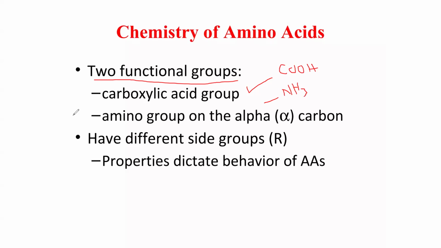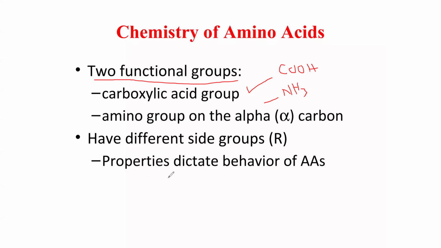Amino acids have different side groups, and these properties dictate the behavior of amino acids. We have some amino acids that are acidic, some are basic, some are neutral.